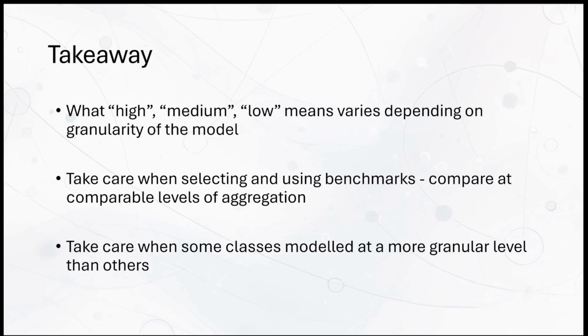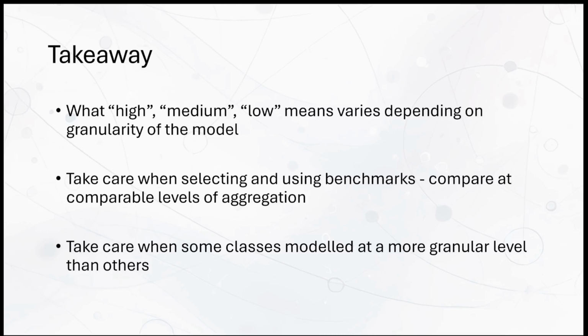So what was that benchmark correlation that you were using and applying between the classes? Was it a division to division correlation benchmark, or was it a very granular class to class correlation benchmark? So take care when you're selecting and using benchmarks, and make sure that you are comparing at comparable levels of aggregation and granularity.